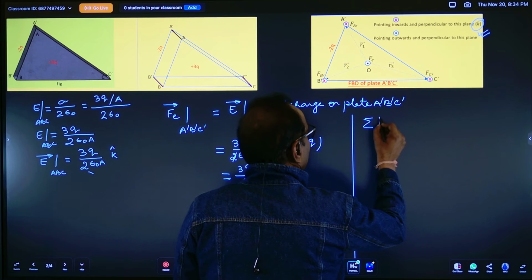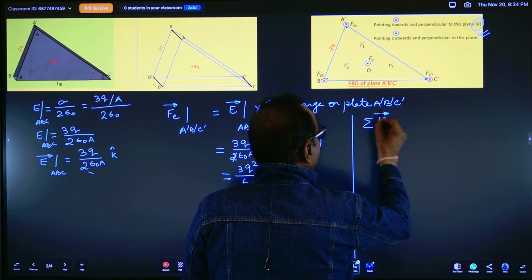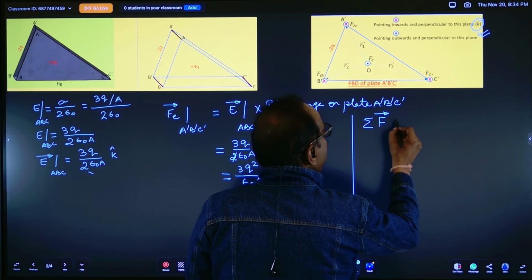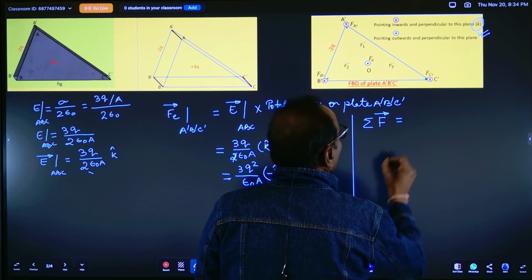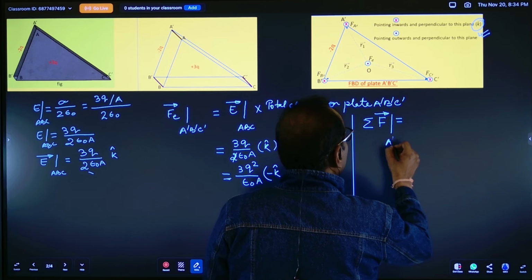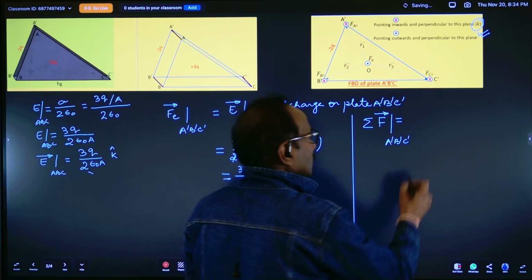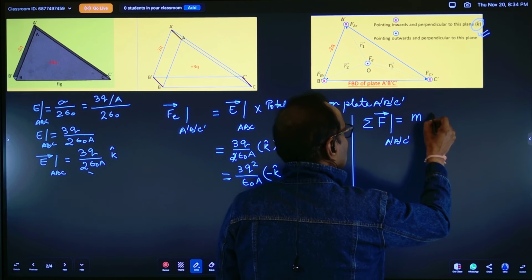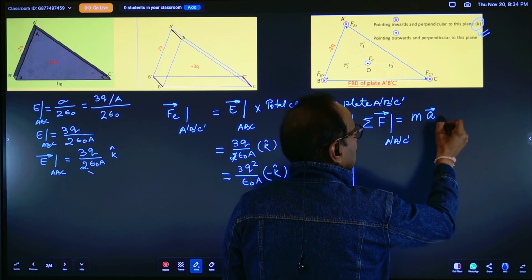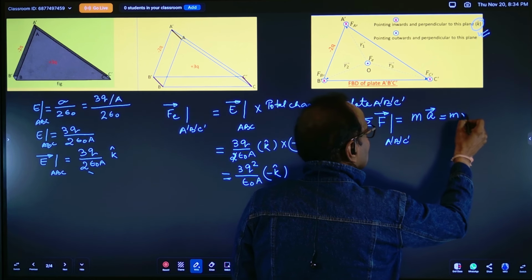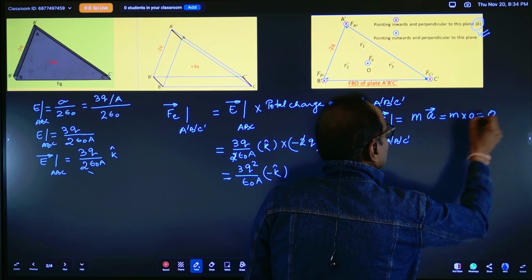Summation of F on plate A prime, B prime, C prime. You can write mass into acceleration, but acceleration is 0, so this will be 0.